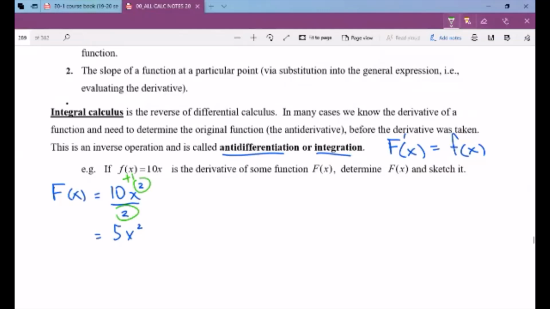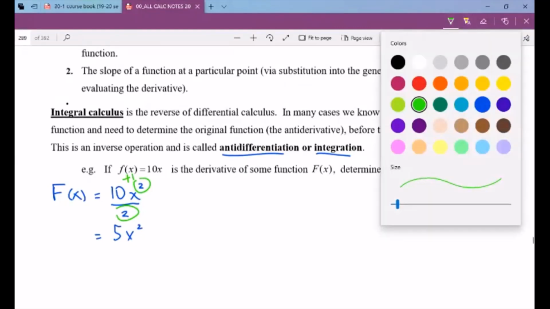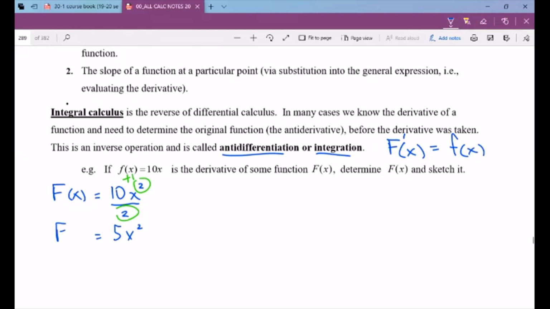Now, the problem though is that to call capital F of x equal to 5x squared is not quite right. Because what if I had F of x equal to 5x squared plus 4?